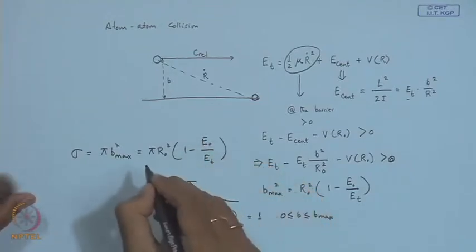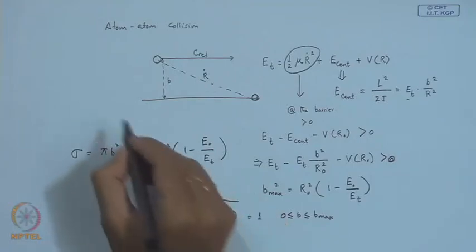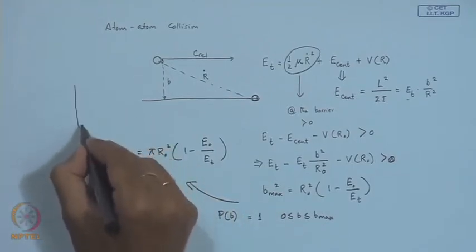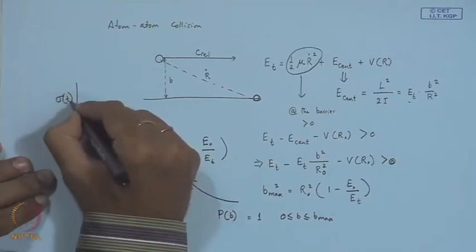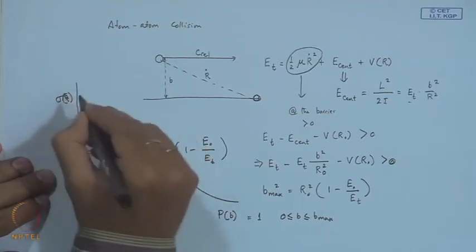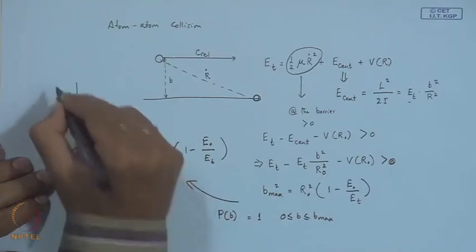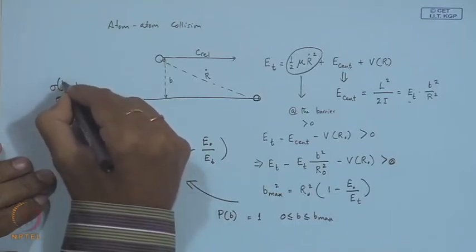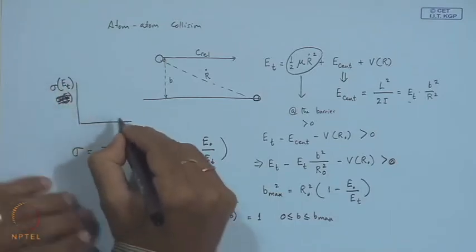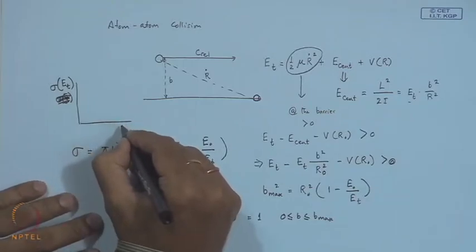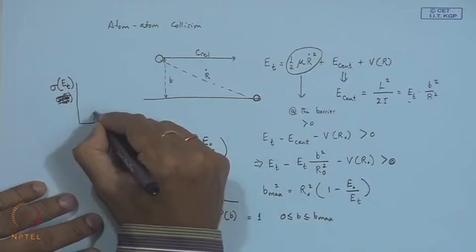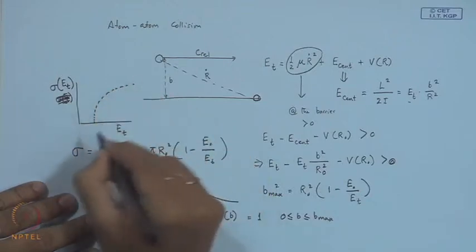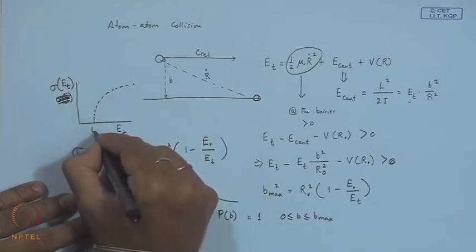So, if you plot sigma versus E t, it is like this. So, this is your E0.